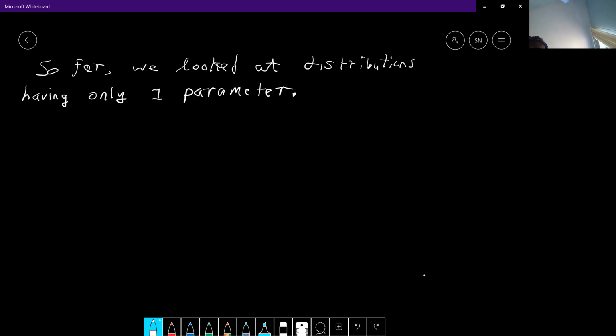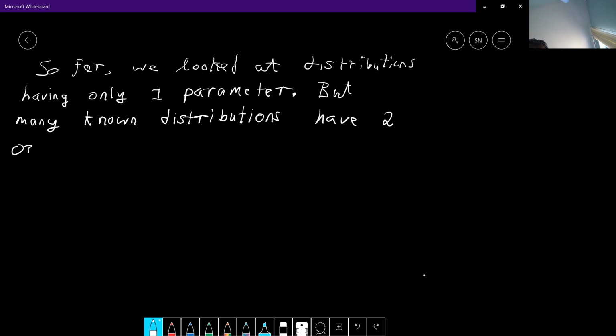But many of the distributions have two parameters or more.